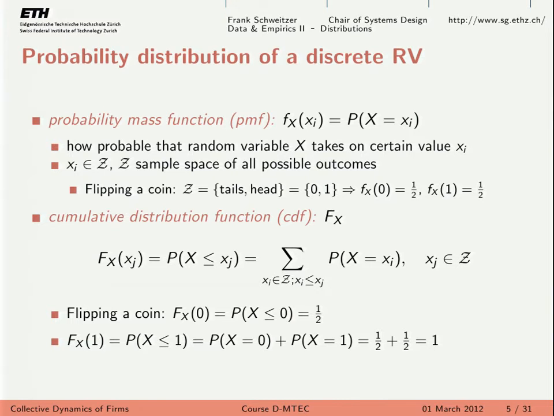The cumulative distribution function, which is sometimes only called the distribution, is the capital F of X. And this gives you the probability that a value randomly drawn from the underlying distribution function is below a given value xj.